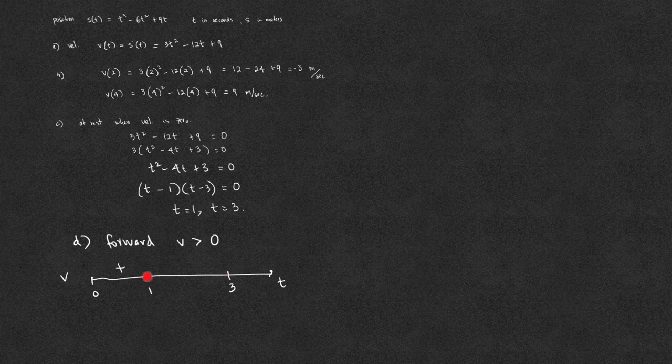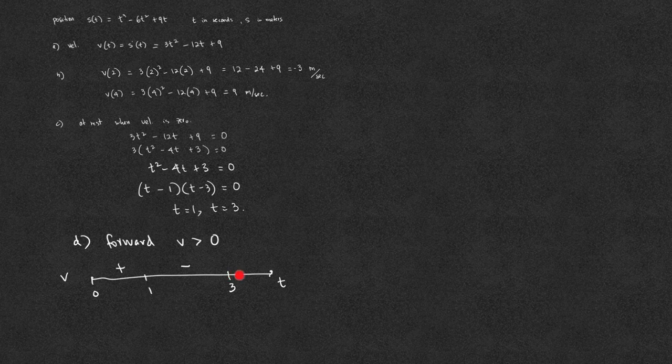Between 1 and 3, we can pick any number, 2 for example, and plug it into the velocity function. 3 times 2 minus 1, which is positive, times 2 minus 3, which is negative. A positive times a negative times 3 is a negative. And so the velocity is negative on the interval 1 to 3.